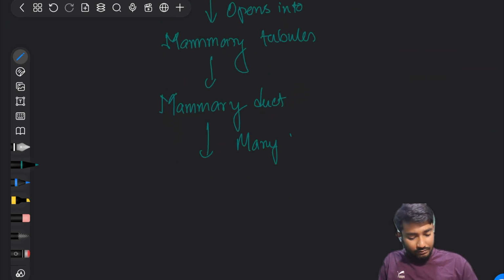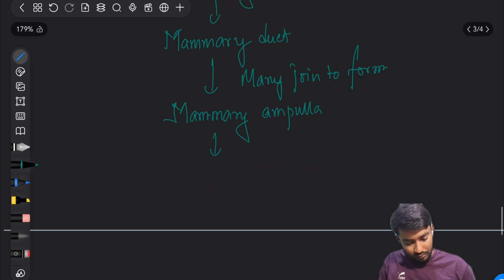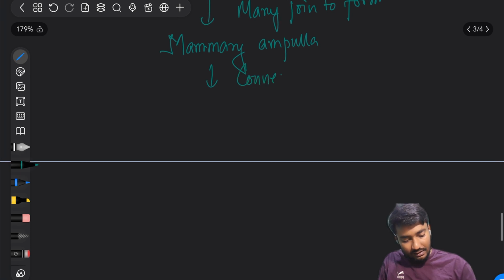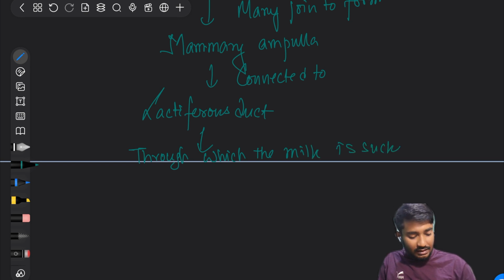Many join to form the mammary ampulla. It is connected to the lactiferous duct, through which the milk is sucked out.